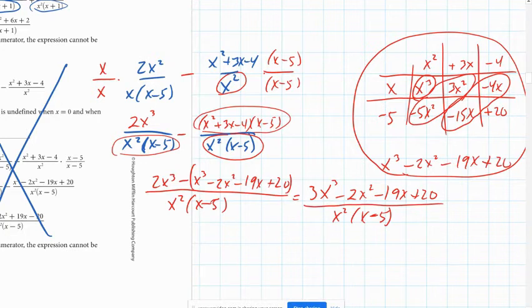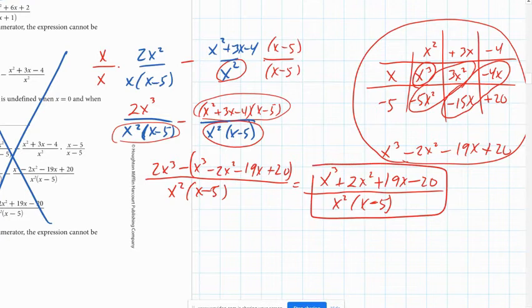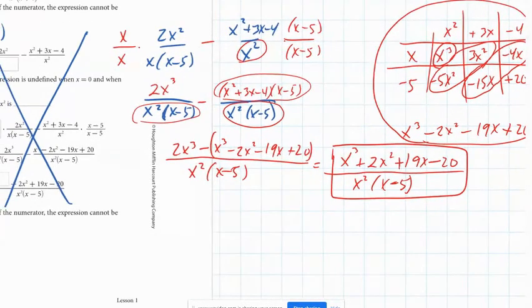Okay, so 2x cubed minus x cubed gives us just 1x cubed, and then it's going to be plus 2x squared plus 19x and minus 20. And so that now is the correct answer. I just had done addition instead of subtraction.